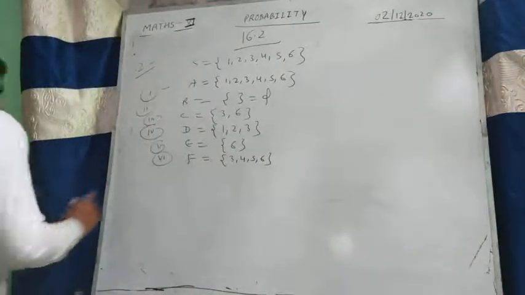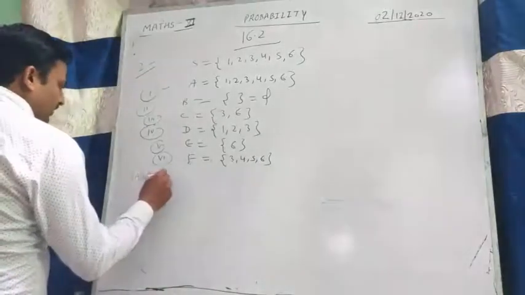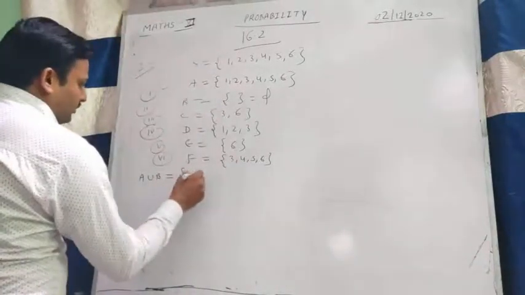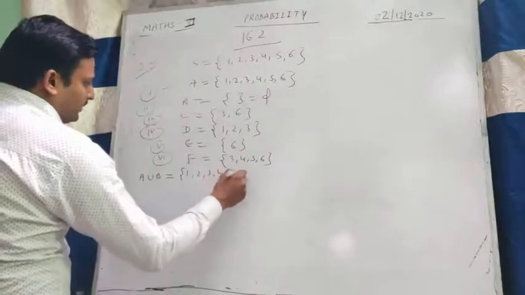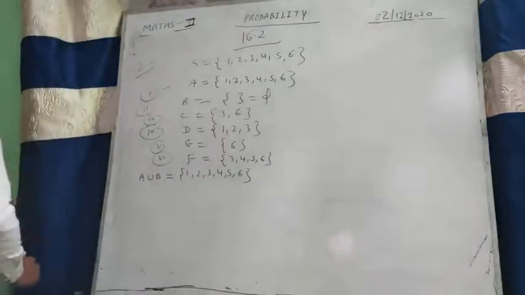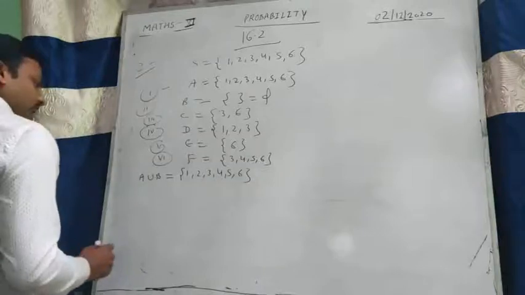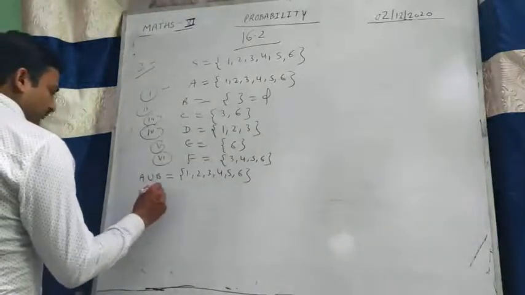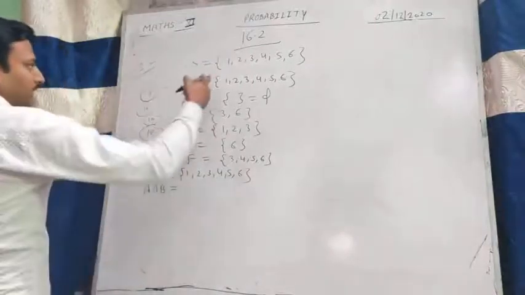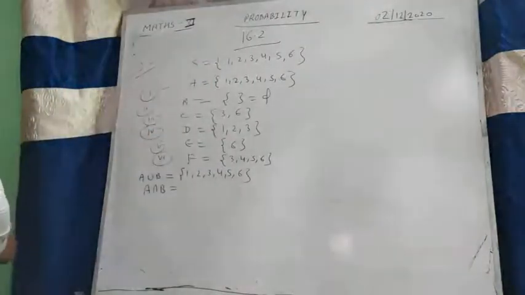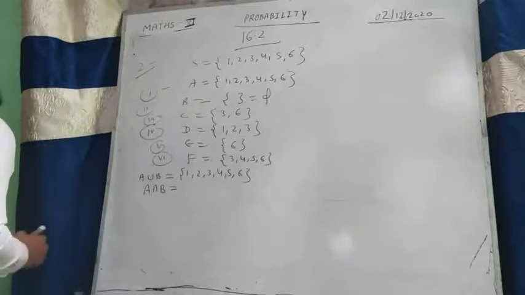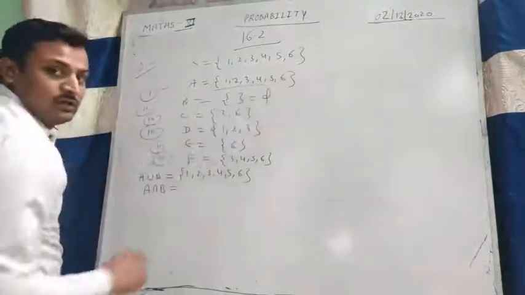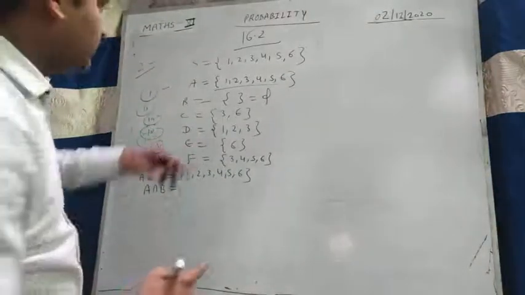Now we have to find A union B. So A union B will be 1, 2, 3, 4, 5, 6. And second is A intersection B. So what is common in A and B?